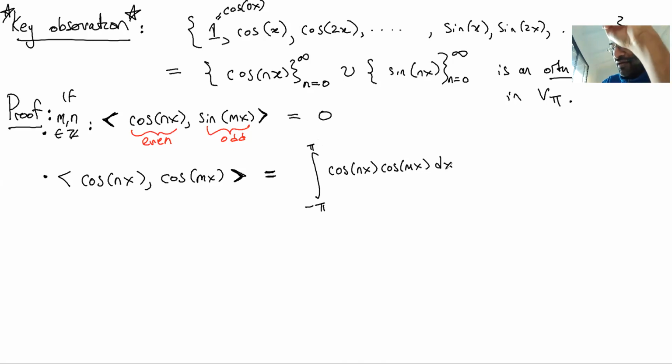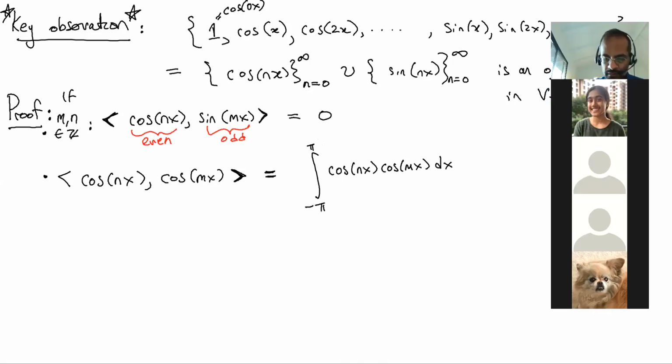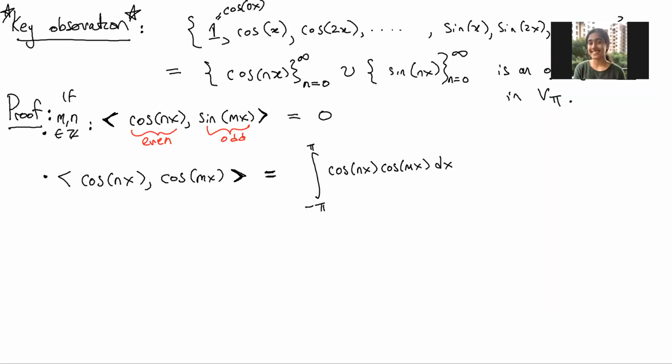Anybody have an idea how to attack that integral? It's a calculus question. Is there some property that, if you have cosine A, cosine B, you can combine that? Yeah, maybe that's right.